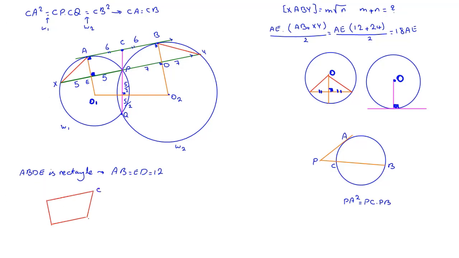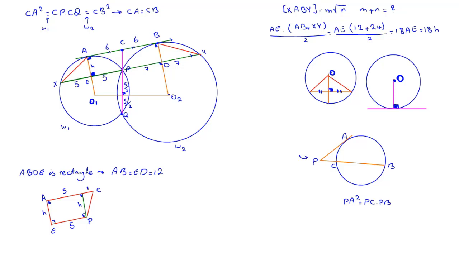So it is C, P, E, A, with 90 degrees at these corners. Suppose we call AE H. EP is 5, AC is 6. Because they are parallel and it is 90 degrees, if we find CP, then we can find H. We want to find 18 times AE, which is H. So we should find CP.